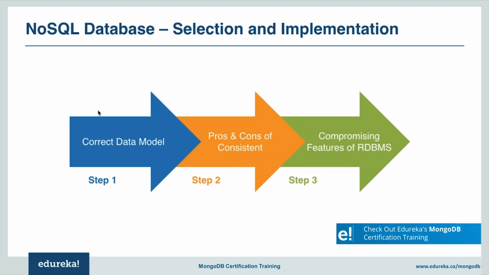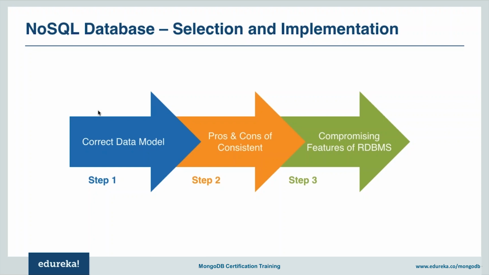We need to have the correct data model in place. We need to make sure that this is the kind of data that we'll be pushing in. Then we need to keep in mind the pros and cons of consistency. What levels of consistency are we looking for, or what is the expectation of consistency?